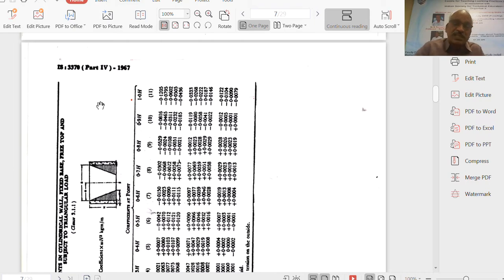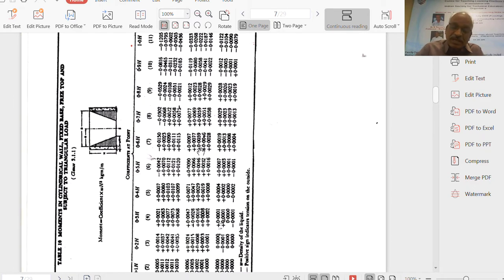Only on the first page, the cover page, is it given as IS 3370, 1967, reaffirmed in 2008 or 2009. So it is the same, not revised. Only on one page will it be available: reaffirmed in 2004, reaffirmed in 2008, like that. On the other pages only 1967 will appear. That means the code is not revised.